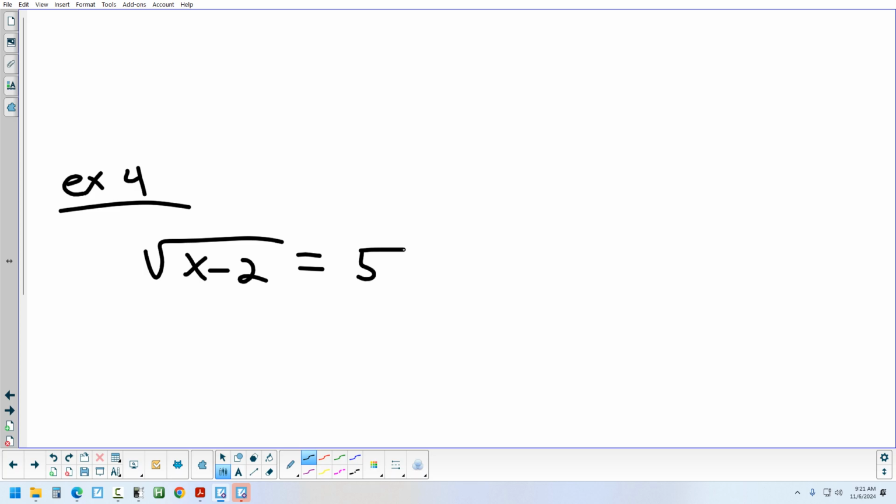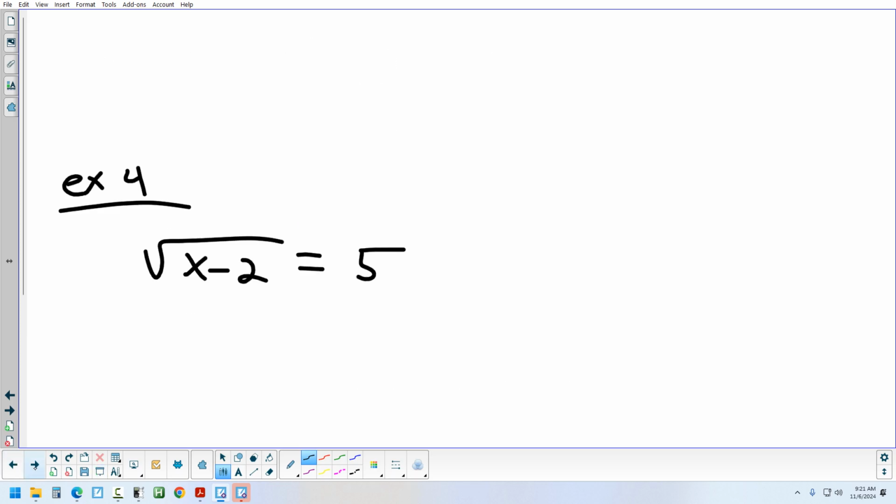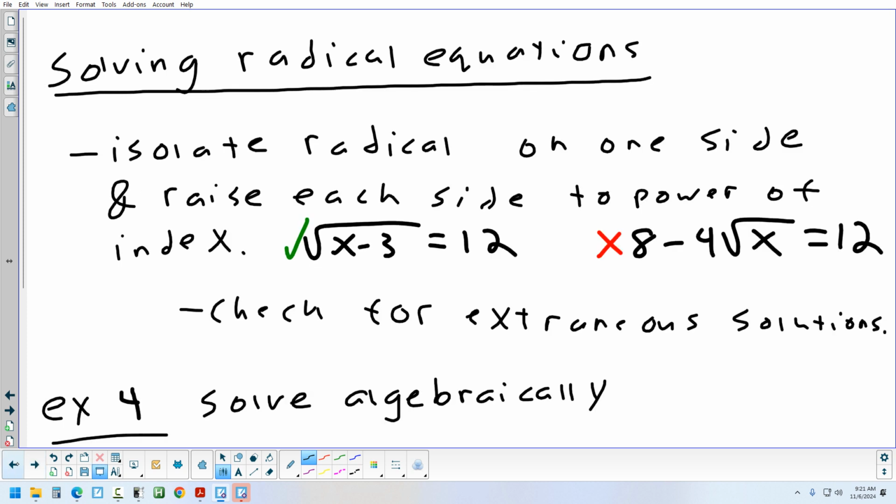Okay, so this would be considered probably the simplest type of equation with a radical that we're going to do. So the first step, isolate the radical on one side. Is the radical by itself here? Yes, it is. So now, raise each side to the power of the index.